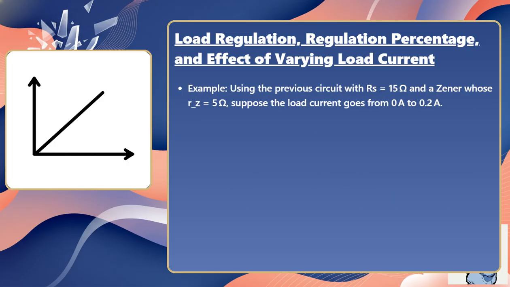Example using the previous circuit with RS equals 15 ohms and a Zener whose R sub Z equals 5 ohms. Suppose the load current goes from 0 amperes to 0.2 amperes. Voltage drop across RS changes by delta V sub RS equals 15 ohms times 0.2 amperes, equals 3 volts.